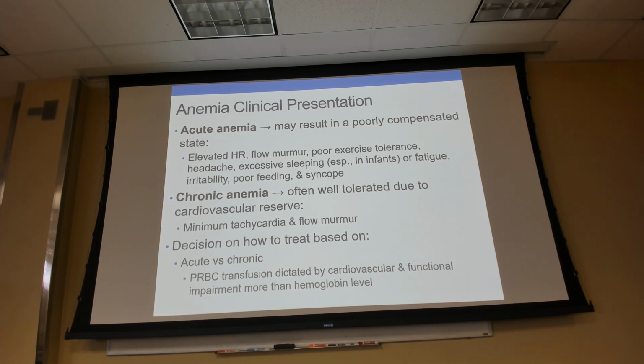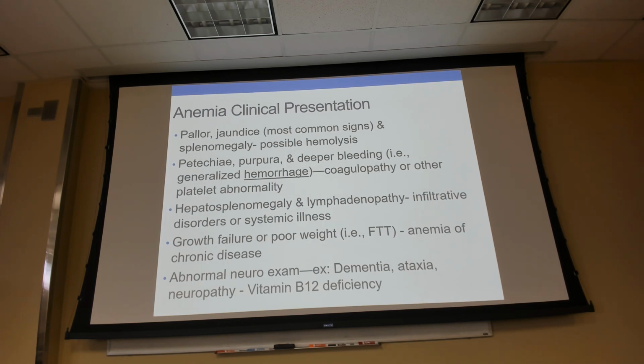It's the kids that don't compensate when it's very, very acute. They have this rapid blood loss, so now they are unable to tolerate that. And you see that depends on, is it an acute trauma and the child is unable to compensate, or is it something more acute and you are seeing symptoms much faster than that. So you're going to determine is it acute or chronic, how low is it, and that's going to determine if you give them blood transfusions.